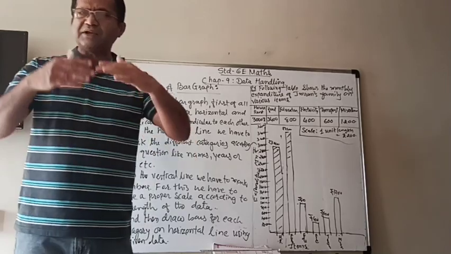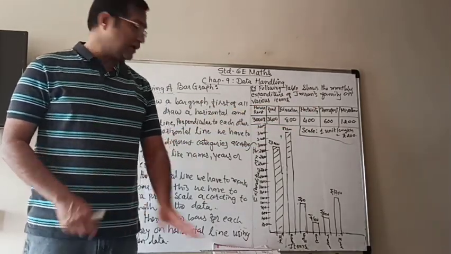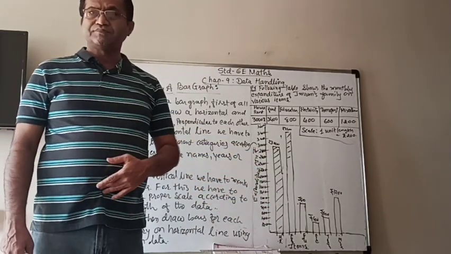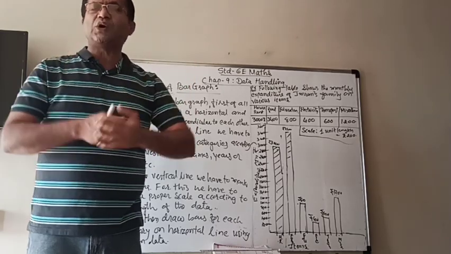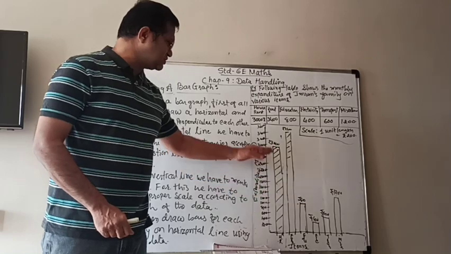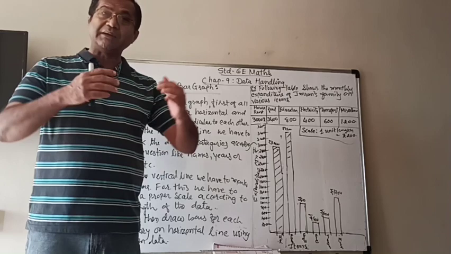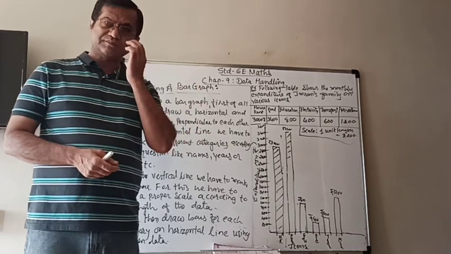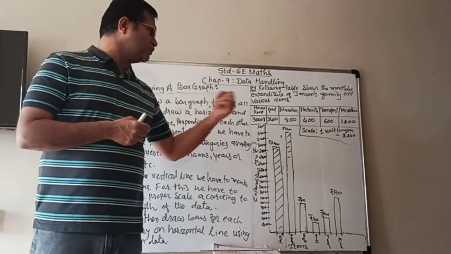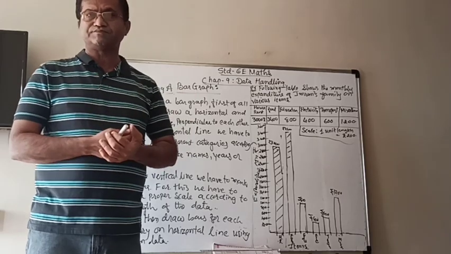If the data is very small, like the highest amount is 10 or 15, then you can take 1, 2, 3, up to 10 easily. If it is up to 100, then you can take 10, 20, 30, up to 100 or 150. But if it is up to 1000, then you can take 100, 200, 300, 400 and so on.